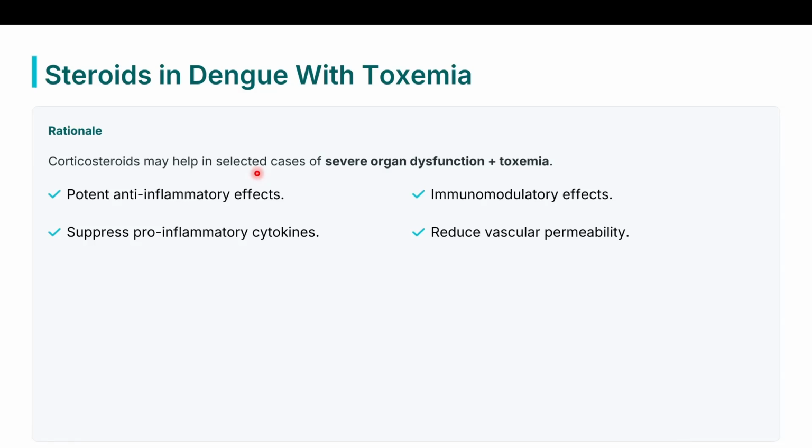This is because steroids have a potent anti-inflammatory effect, suppress pro-inflammatory cytokines, have an immunomodulatory effect, reduce vascular permeability, and mainly stop antibody-dependent enhancement, part of the pathophysiology of dengue fever. So it helps in rapid recovery from dengue illness.